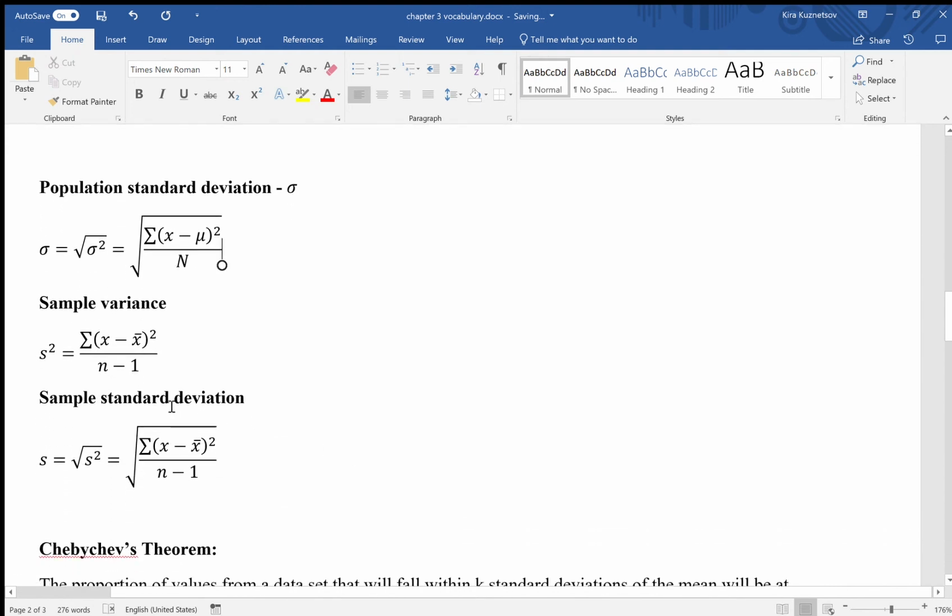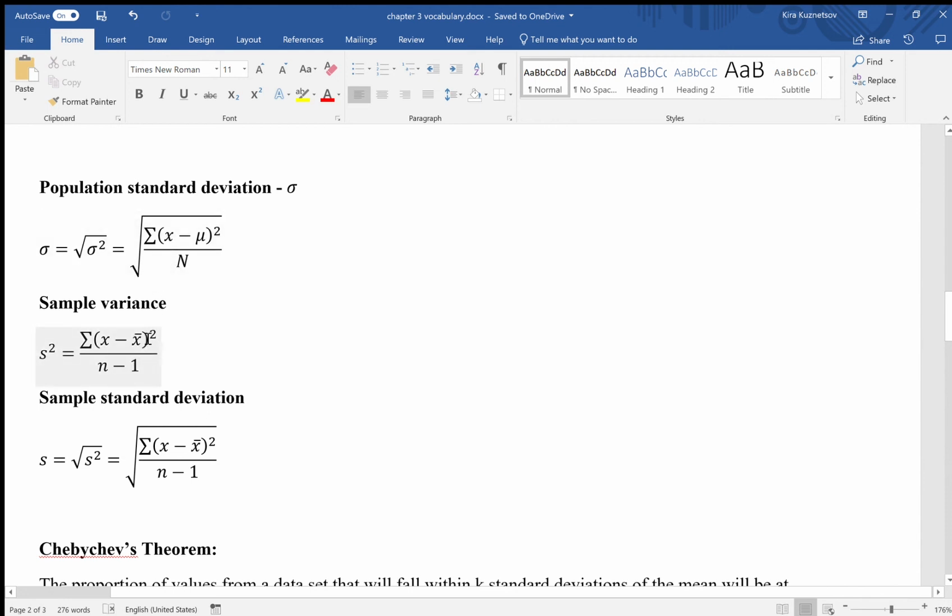The only difference with a sample is, so there's two differences in the sample. First of all, because this is a population, I have a large N on it over here. But the sample has a little n and the -1. So what it does is if you have a small enough sample, let's say 10 or 15, which is what we're using in this class for homework, you'll actually notice there's a big difference whether you treat that 15 as a population or if you treat it as a sample, because the difference is you're just dividing by that 15 or you're dividing by 15 minus 1.